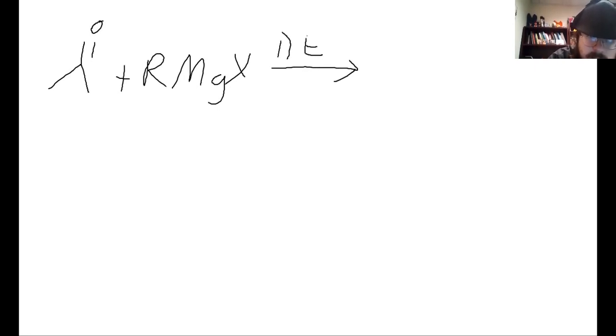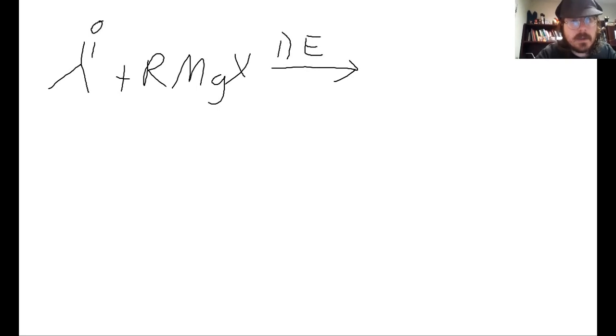We've learned about Grignards. A Grignard is going to add to this. We say, if I have some sort of ketone and I add a Grignard or organolithium, step one, we use our solvent of ether. Why ether? Ether is not acidic.